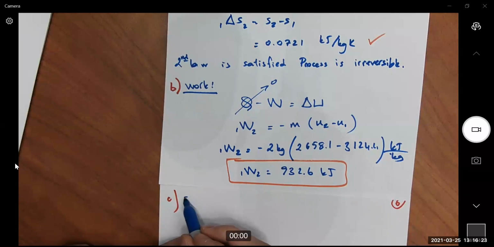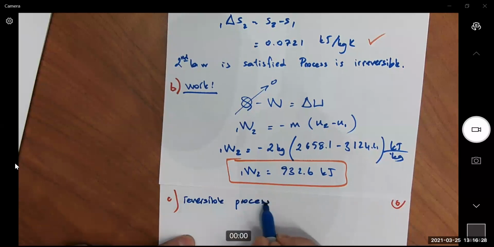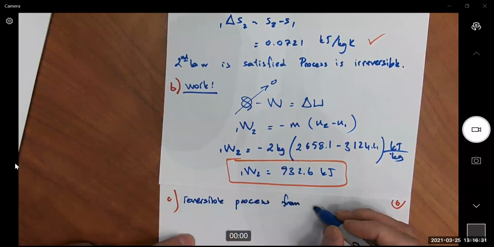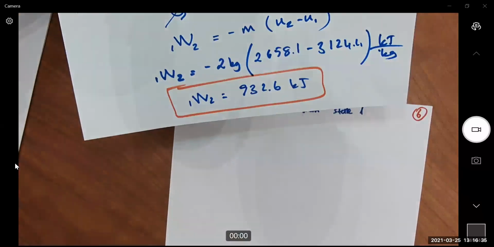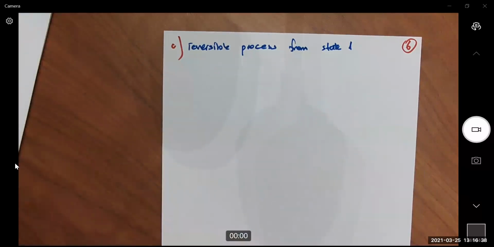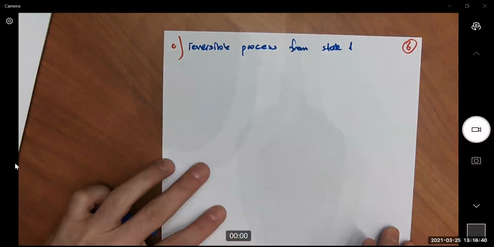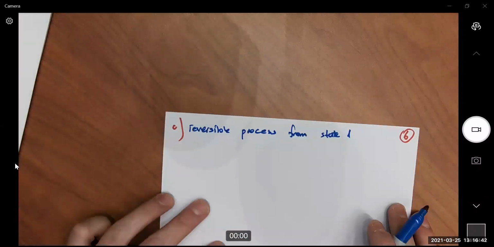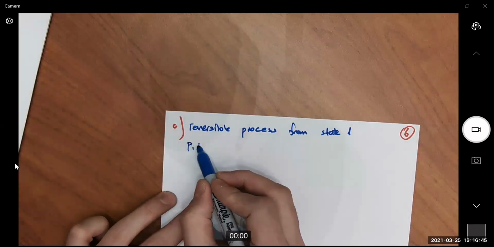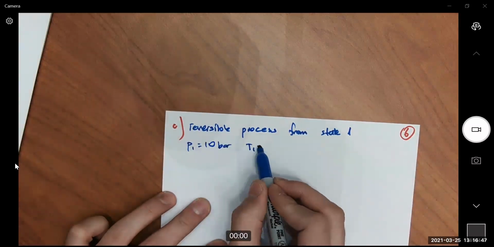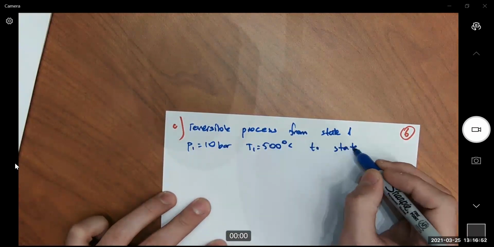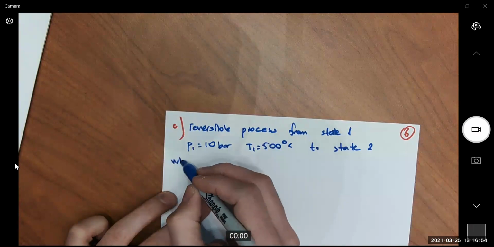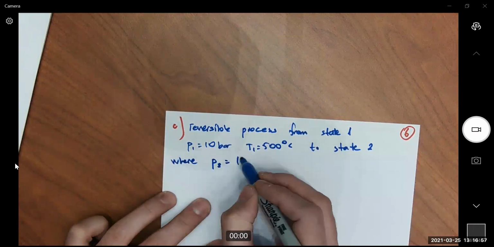Reversible process from state 1, where pressure is 10 bar, temperature is 500 Celsius, to state 2 where pressure is 1 bar.